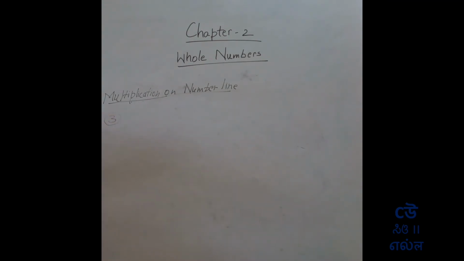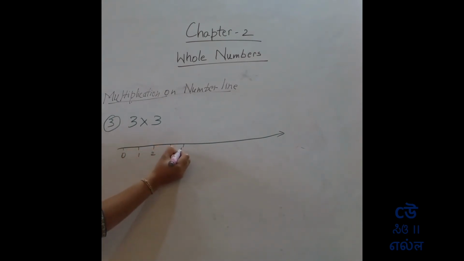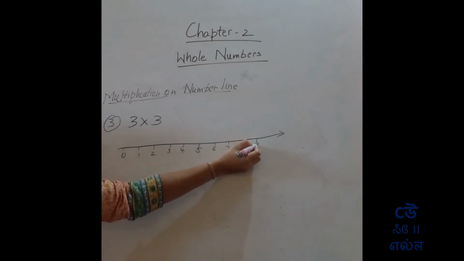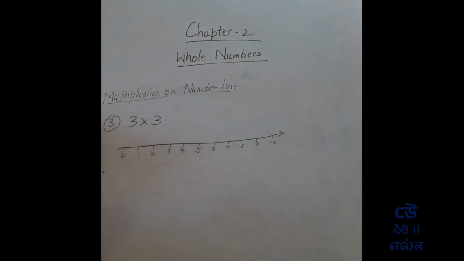Next, the third one: 3 into 3. First draw the number line: 0, 1, 2, 3, 4, 5, 6, 7, 8, 9, 10.